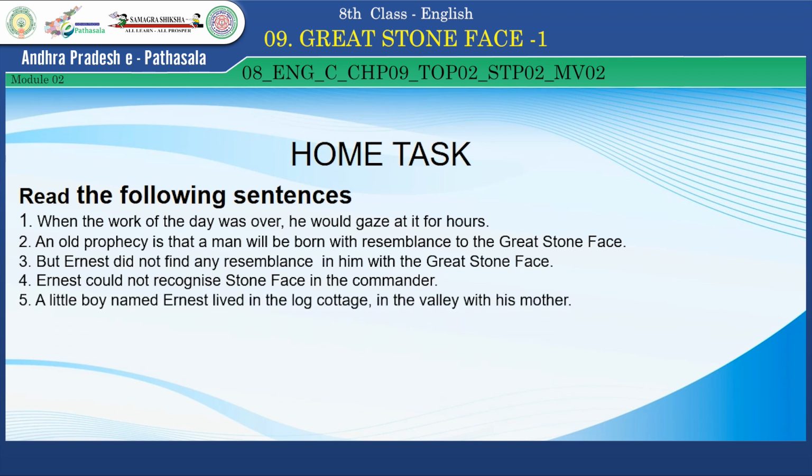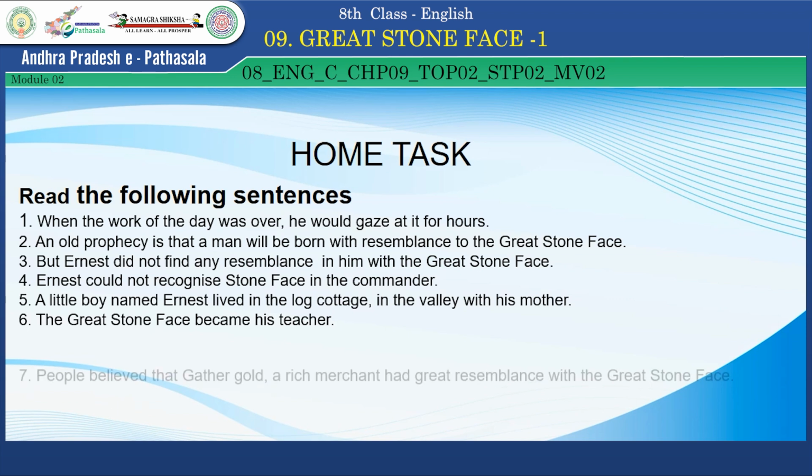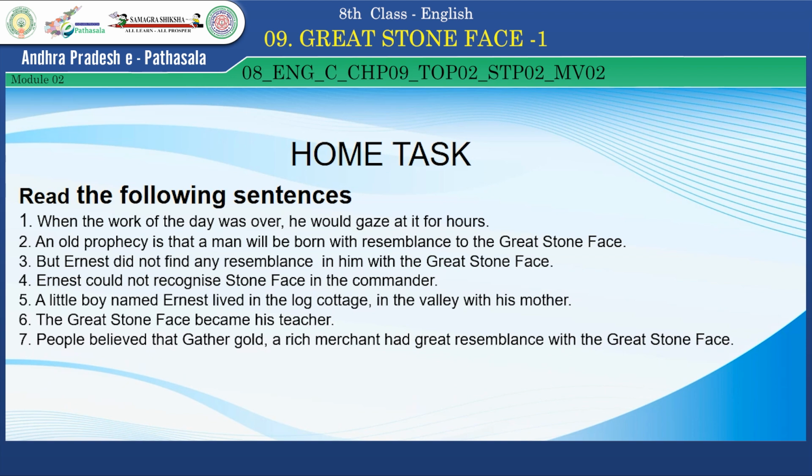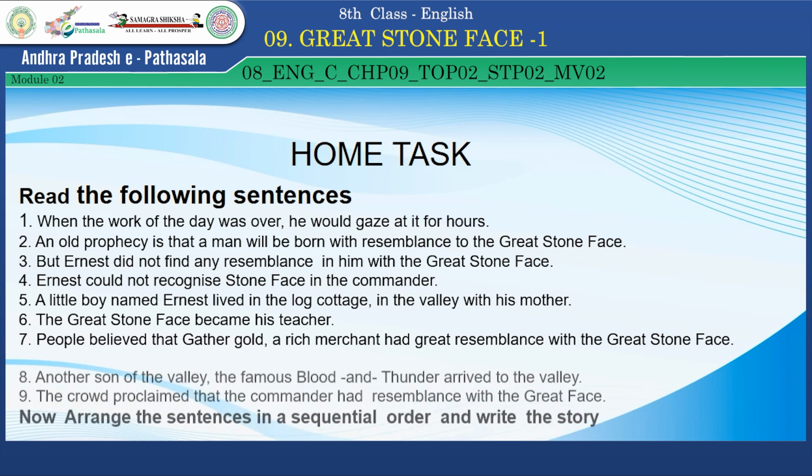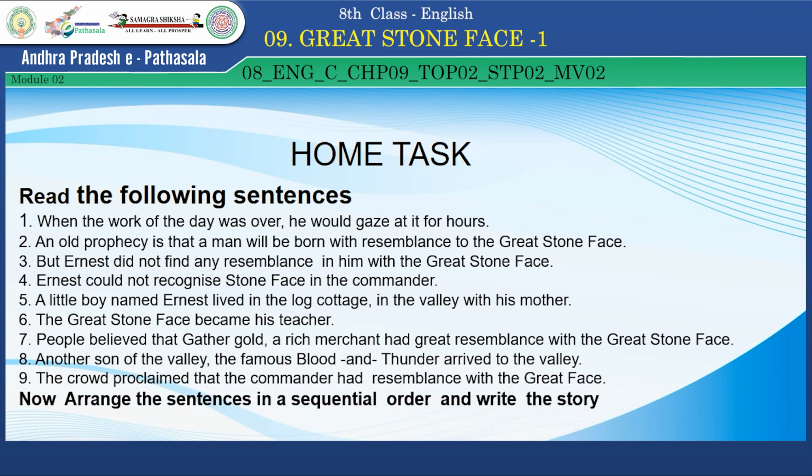Number 5. A little boy named Ernest lived in the log cottage in the valley with his mother. Number 6. The great stone face became his teacher. Number 7. People believed that Gathergold, a rich merchant, had great resemblance with the great stone face.